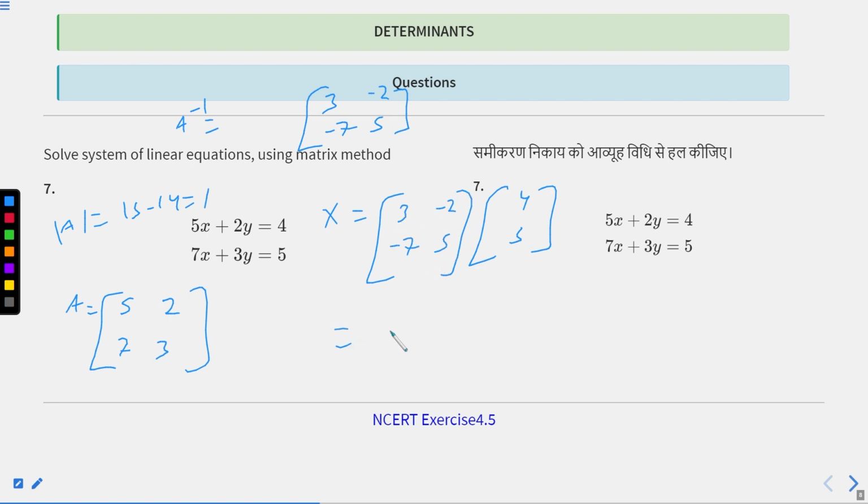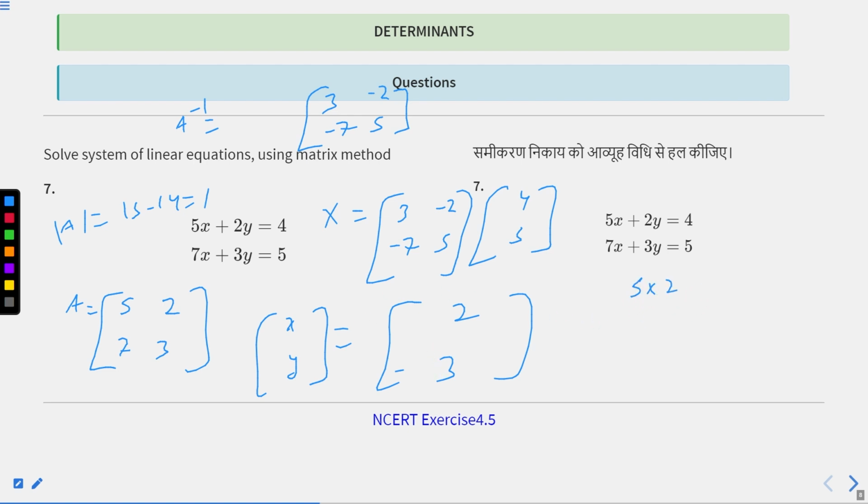So from here, you can say x, y is same as multiplying this. So 12 minus 10 will be 2, and minus 28 plus 25 will give you minus 3. So your answer will be this. Okay, clear? Let us verify also.